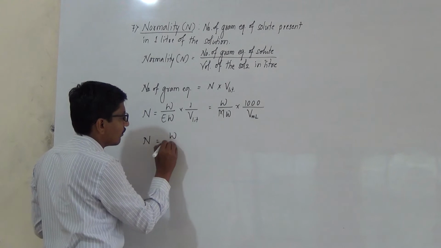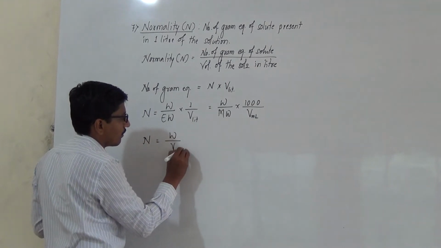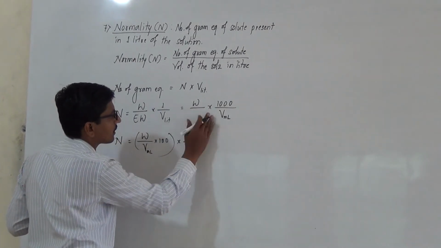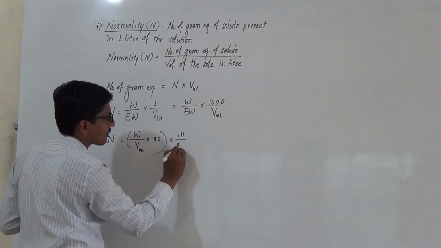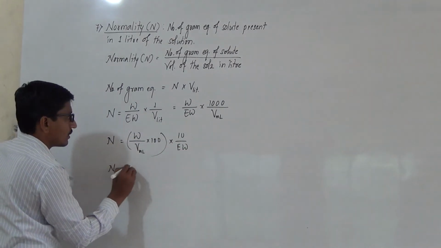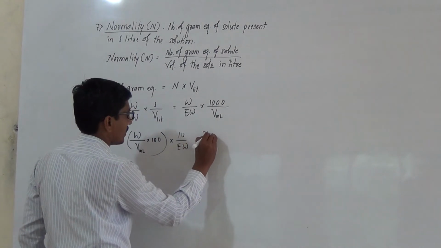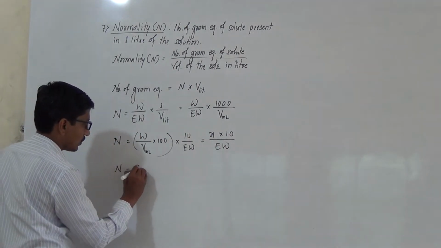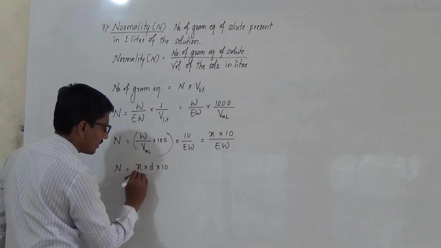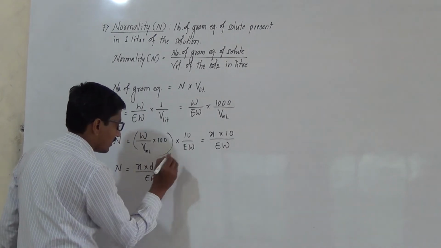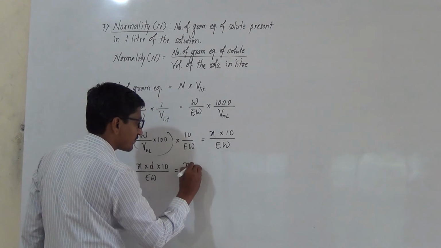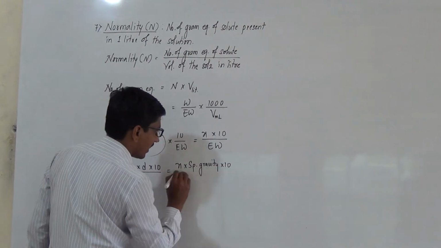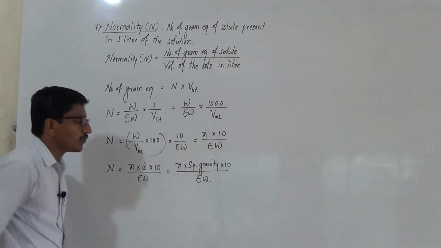N is equal to W divided by V ml into 100 into 10 by, sorry, this is equivalent weight. This is equal to X into 10 divided by equivalent weight, and N is equal to X into D into 10 divided by equivalent weight, and D is replaced by specific gravity into 10 divided by equivalent weight.